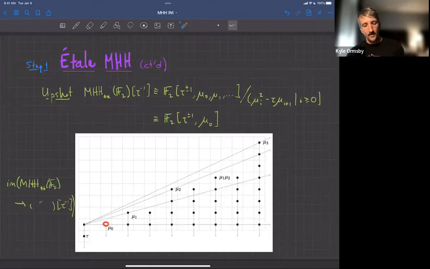And the mu_i's, we can read this off. mu_0 squared lands here, and this relation is telling us that tau times mu_1 is equal to mu_0 squared. Similarly, mu_2 squared, which lands here, is tau times mu_3. And that's the kind of interesting pattern of tau divisibility that we know we see in motivic Hochschild homology.